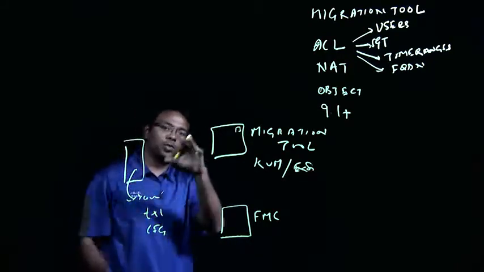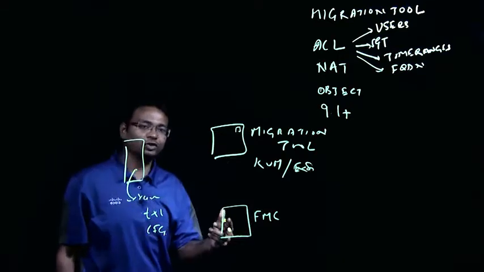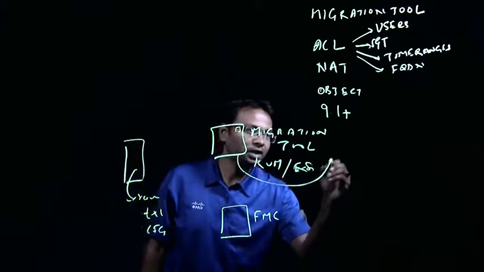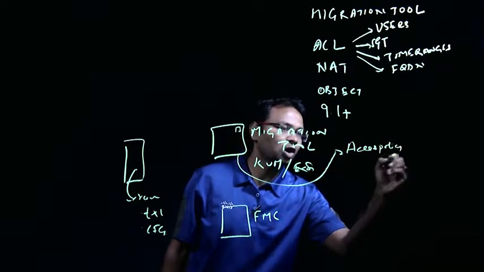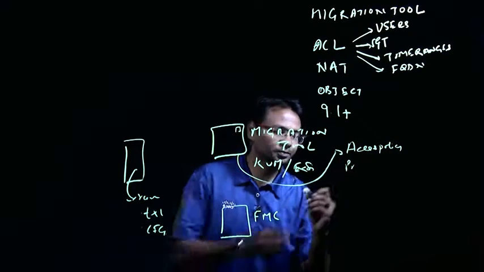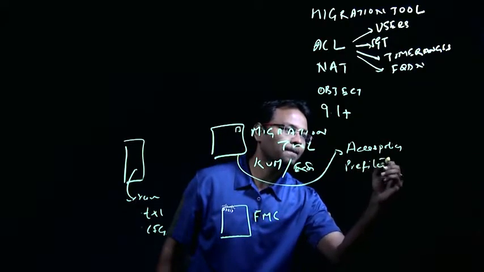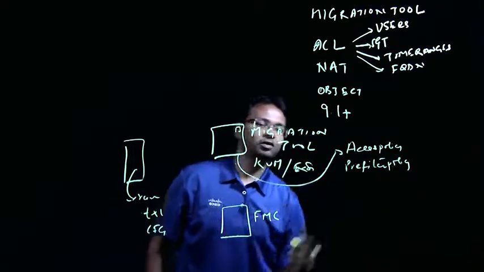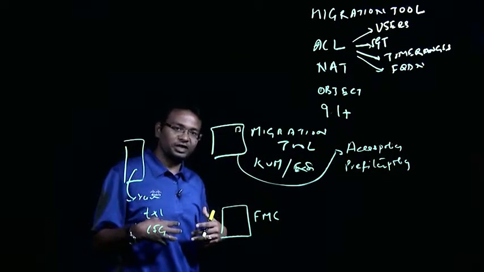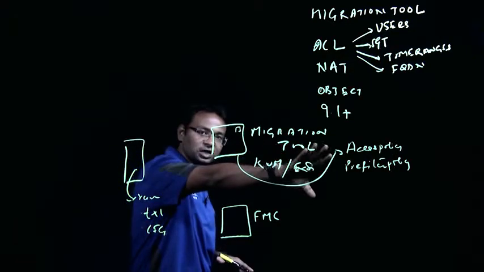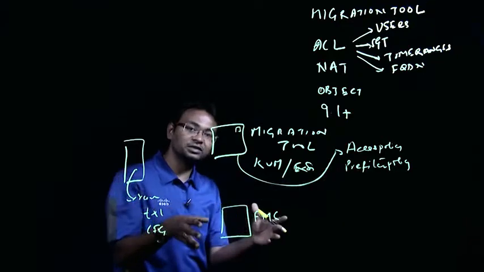Once you import the configuration, the migration tool will ask you to select either an access policy or a pre-filter policy for migration. Essentially, when you migrate the ASA configuration, it will sit either in an access policy or in pre-filter policies on Firepower Management Center.